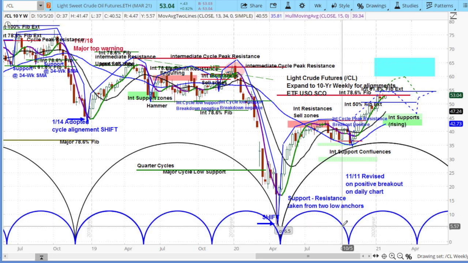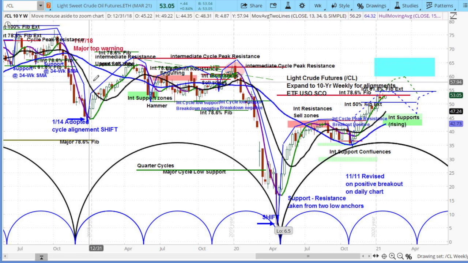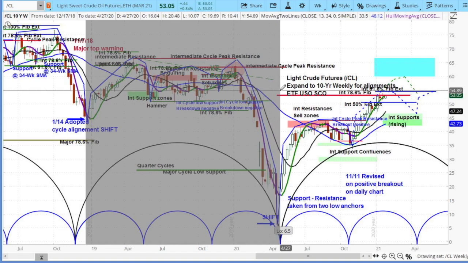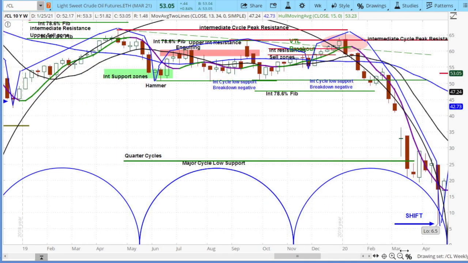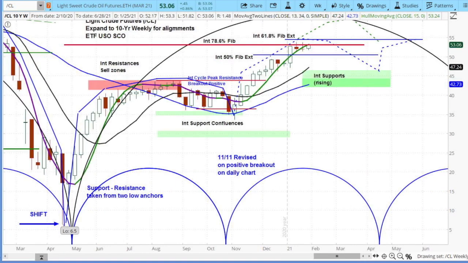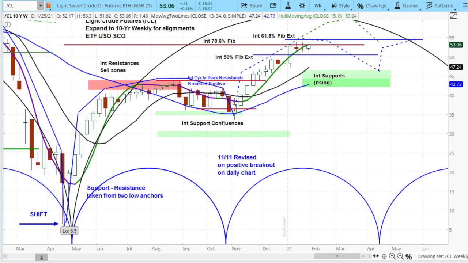So this is the minor, this is the dominant, and that cycle you can see clearly in those three parts. We'll go to this cycle right over here, and we are in the second minor third here, rallying with positive momentum, as you could see clearly in here, getting up to these resistance areas. This is the intermediate 78.6%, and this is a fib extension level right over there at 61.8%.